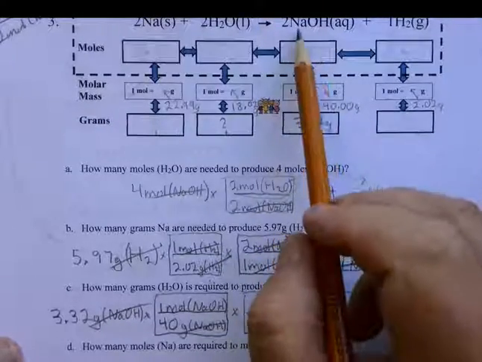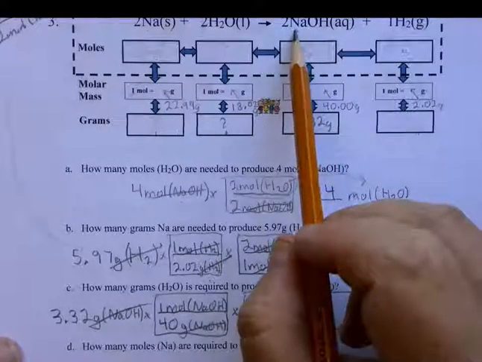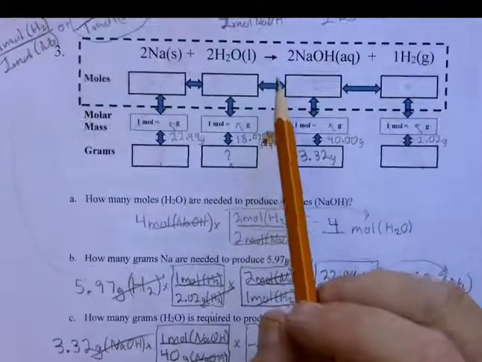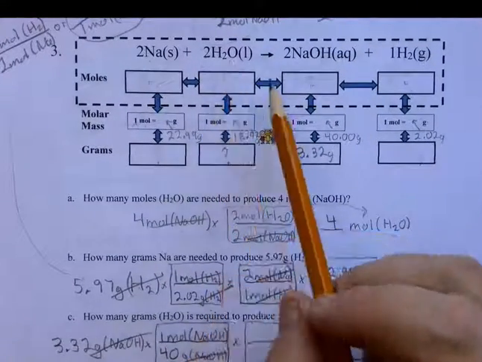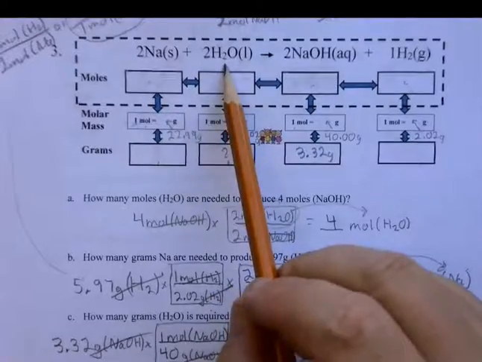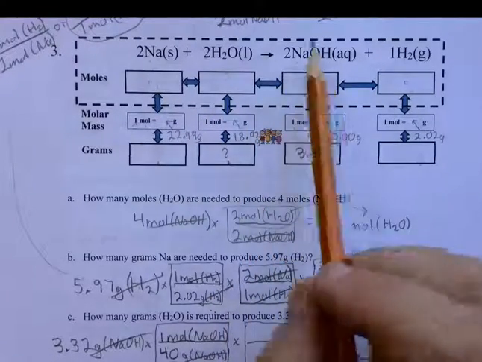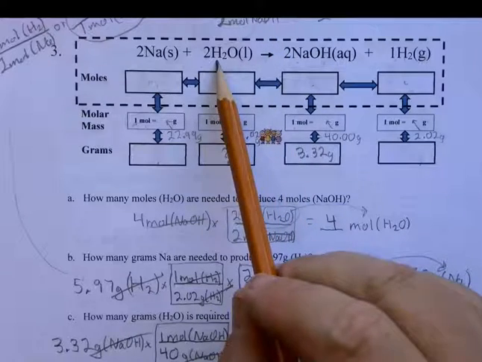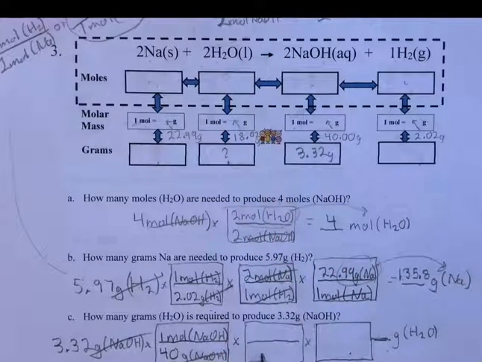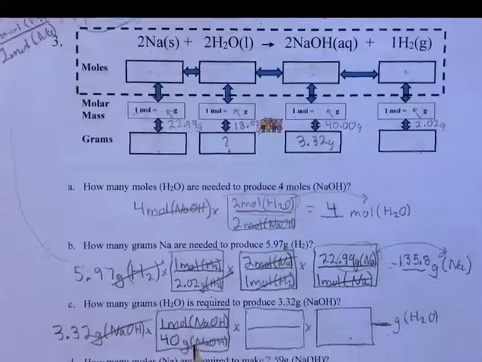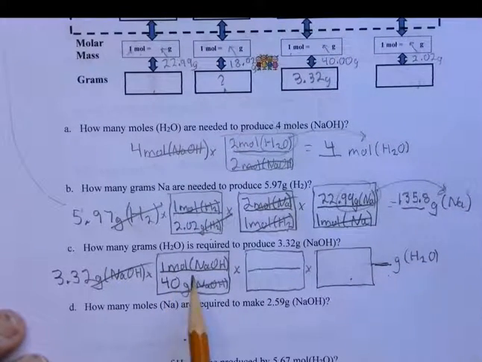Now we need to go from 2 moles of sodium hydroxide over here to 2 moles of H2O. So you can put 2 moles of H2O over 2 moles of sodium hydroxide, or 2 moles of sodium hydroxide over 2 moles of water? Well, we need to have moles of sodium hydroxide on the bottom, because right here we have moles of sodium hydroxide, so we need moles of sodium hydroxide down there.